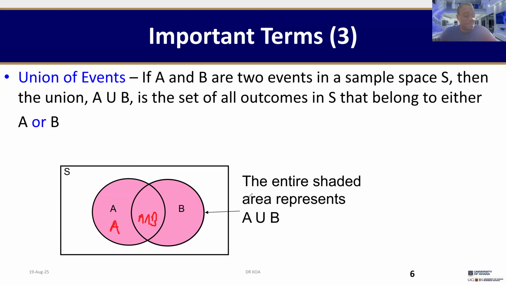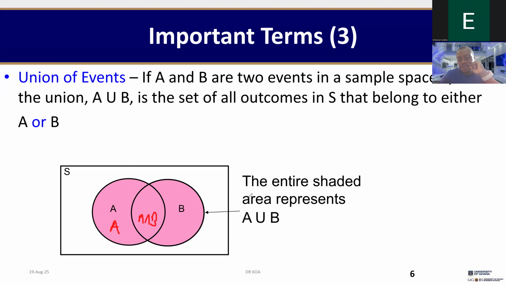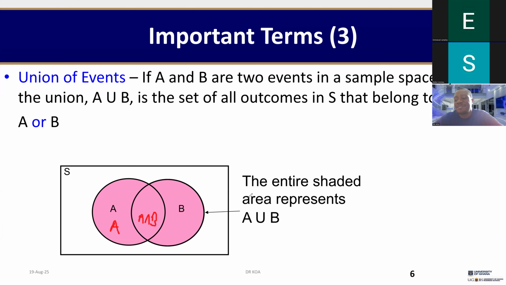What is A complement here? Who can explain? You have to explain. Remember, we said that a complement of an event is anything that is not part of the event. So here, what is a complement of A? Ima? It's B. Yeah, that is what somebody would have said.